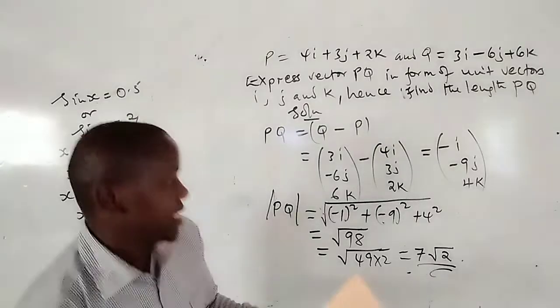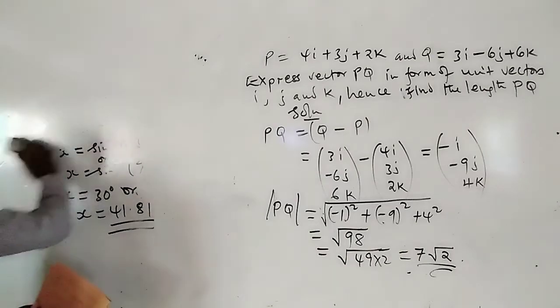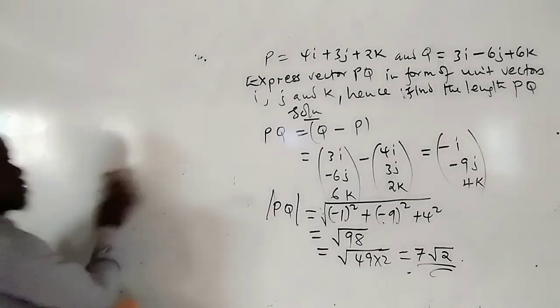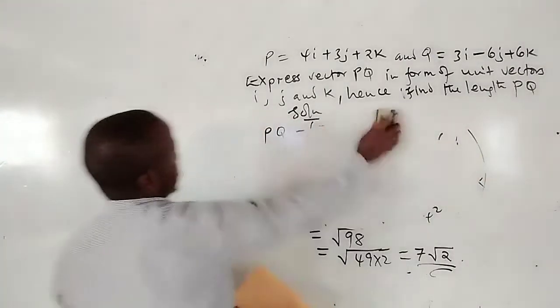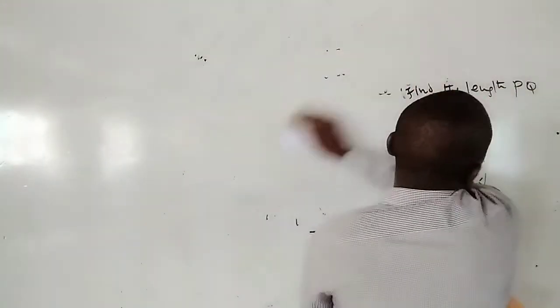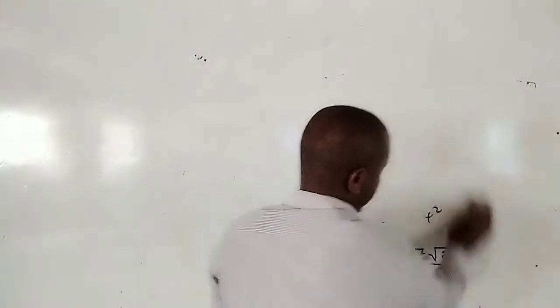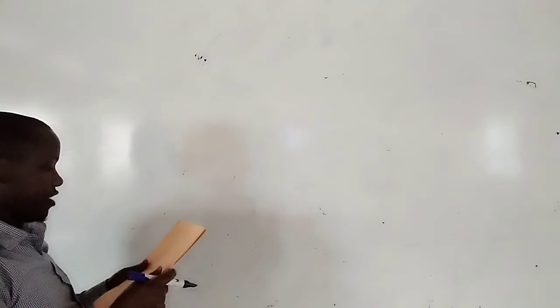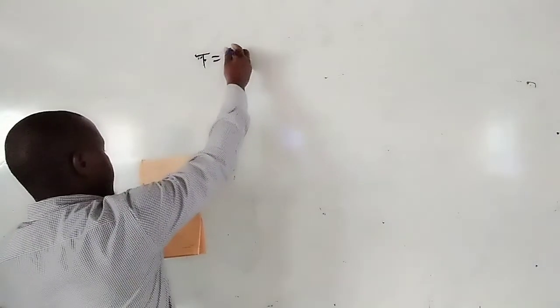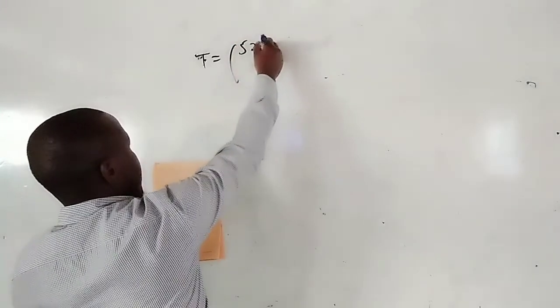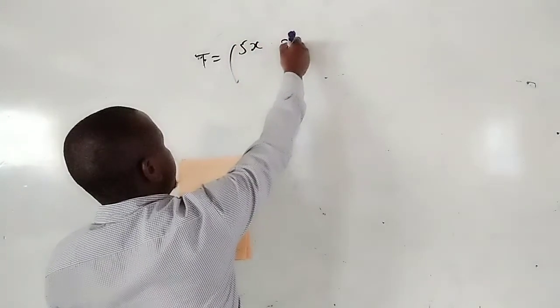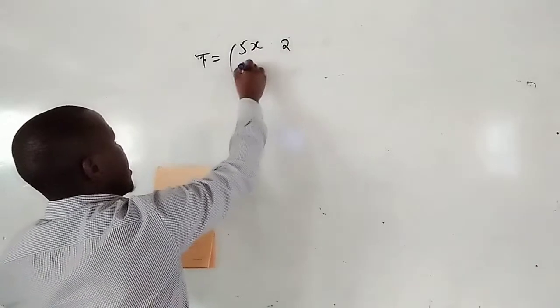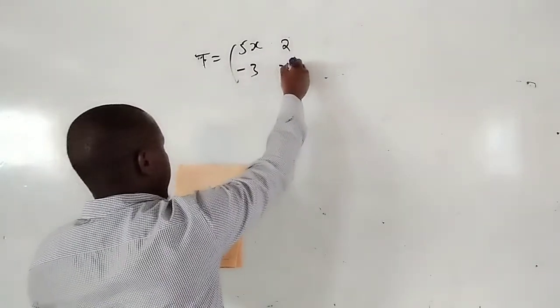We are told in the next question, T is a transformation represented by the matrix 5x squared, 2, negative 3, x.